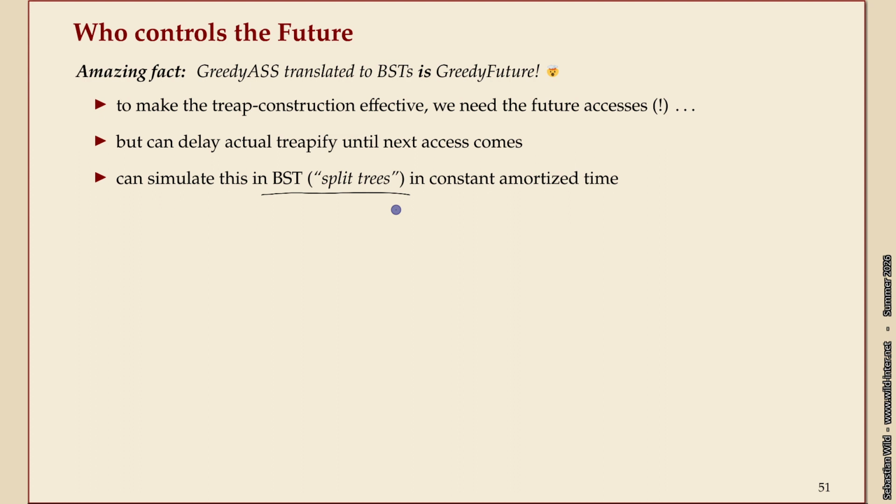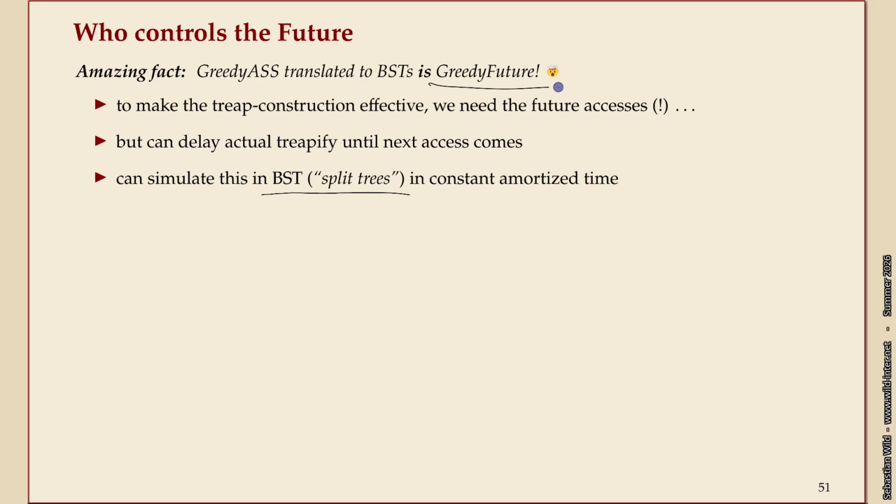The original paper that I cited initially gives some more details on this. I hope conceptually it's not so hard to imagine that essentially this tree, looking at what is tight at the moment and delaying it till later, is possible. The really crazy thing is that this is indeed the same as this greedy future algorithm that we've looked at before.